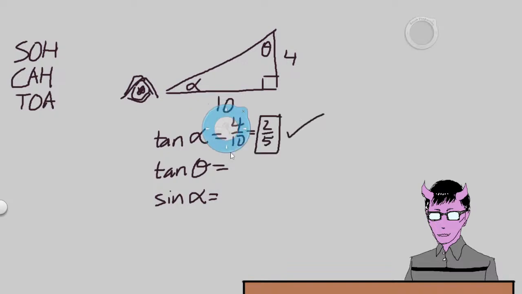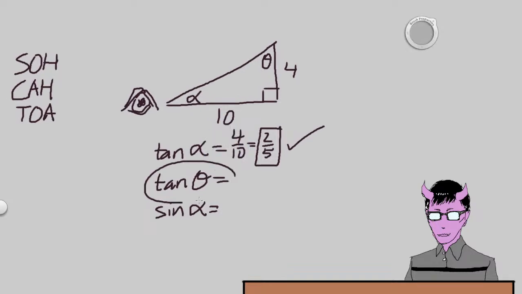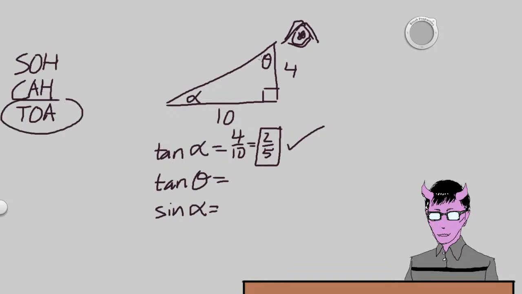Not too bad. And the next problem up, we're now dealing with tangent of theta. So we're no longer focusing on this particular angle, so let's shift our perspective to right over there. From this new perspective, we now have a different opposite. We're still dealing with tangent, so the opposite over adjacent.